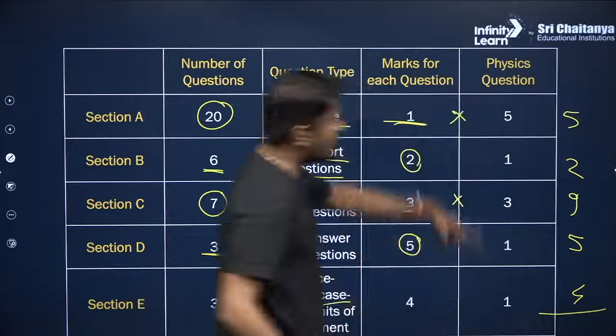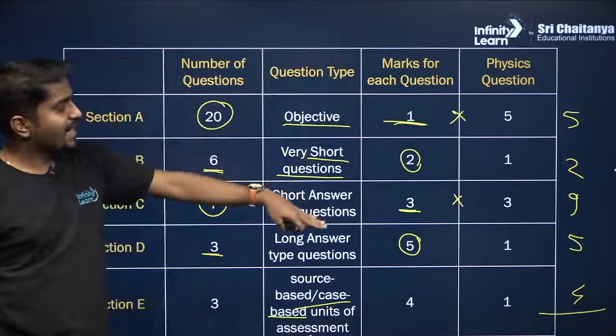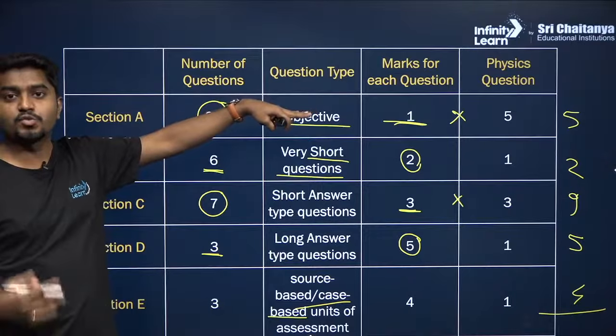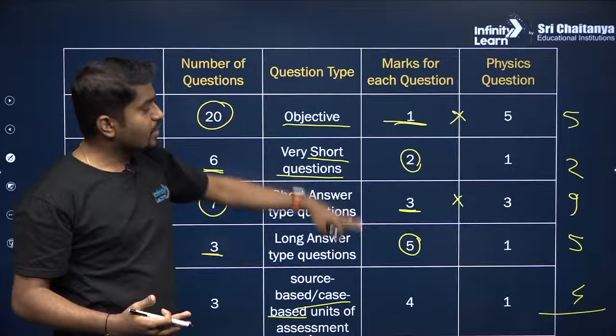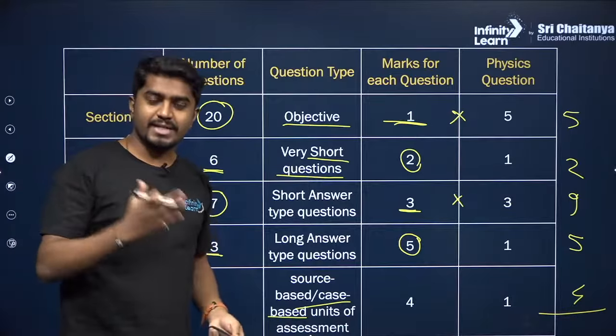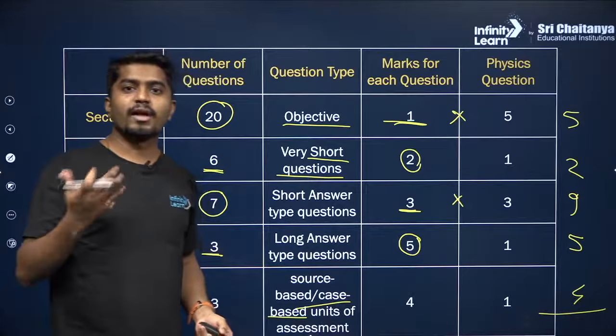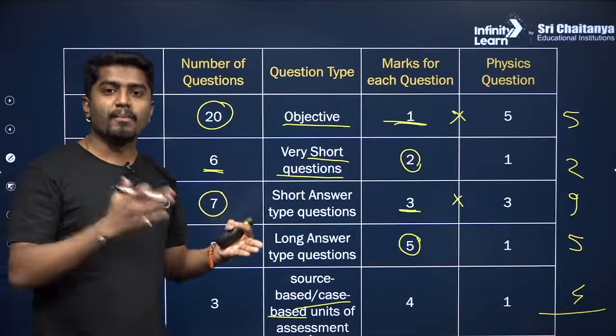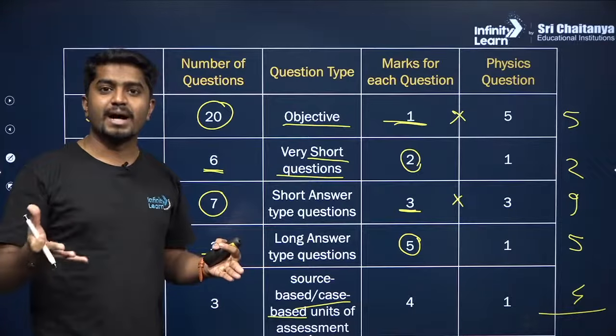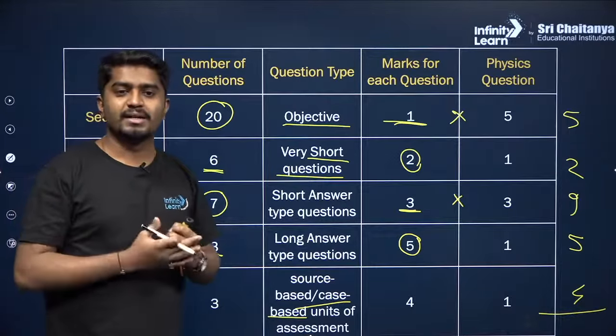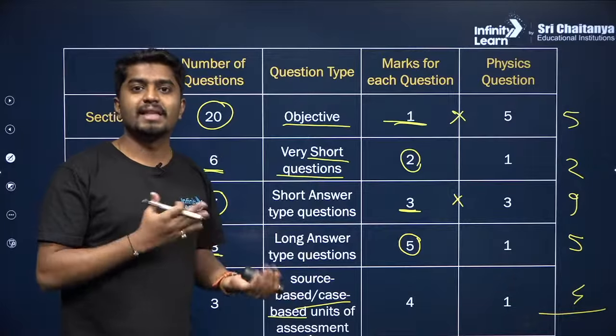Adding all of this, 9 plus 9 is 18, plus 7, which is 25. So 25 marks are for physics, 25 marks for chemistry, 25 marks for biology, and the last 5 marks are for environment. That will be covered by Devika ma'am.